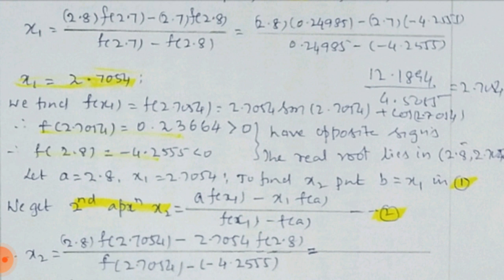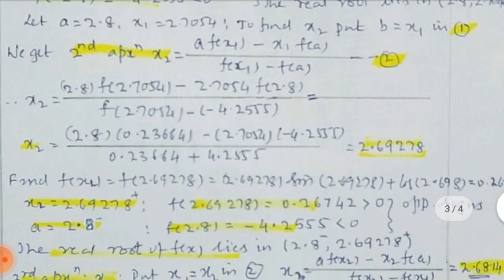Substitute a is equal to 2.8, b is equal to 2.7054, and f of 2.8 and f of 2.7054, and simplify, we get x2 is equal to 2.69278.